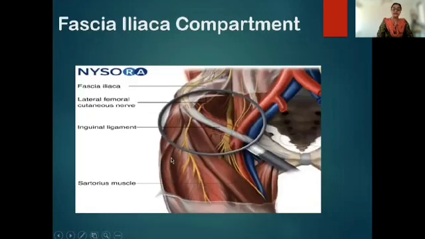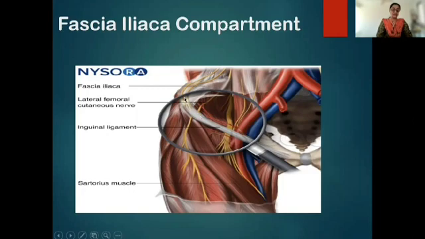The fascia iliaca compartment is also known as the anterior approach to the lumbar plexus. The fascia iliaca compartment is a potential space lying between the fascia iliaca anteriorly, and the iliacus and the psoas muscles posteriorly.